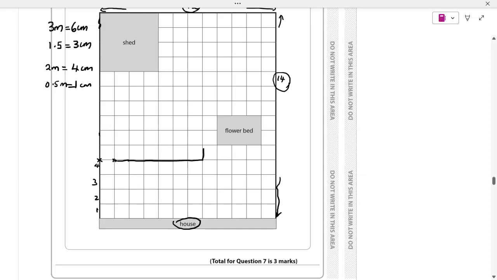We go up 1, 2, 3. It's very good to use a ruler here. Now let's complete our rectangle. The opposite side will be the same, and then we draw this down. So this is 3 meters by 1.5 meters. And it is at least 0.5 from the fence and then 0.5 from the flower bed. Space for the slide.